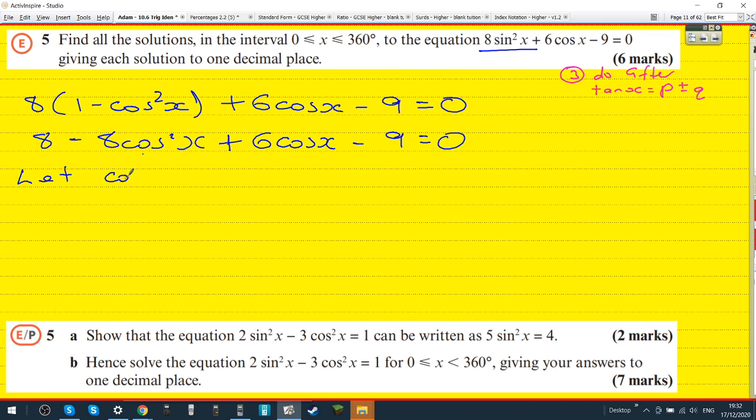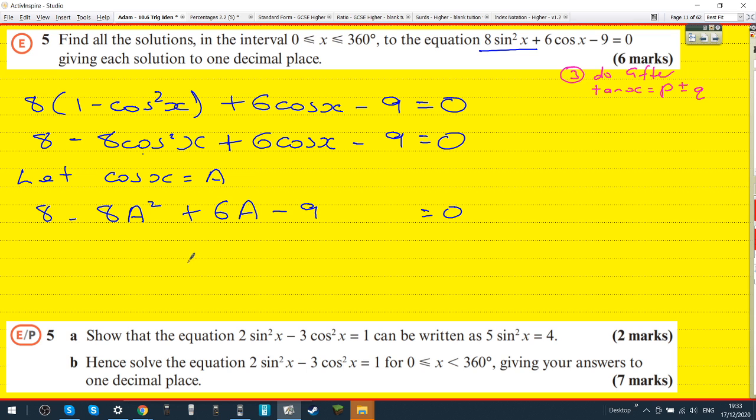So it'd be 8 minus 8a squared plus 6a minus 9 equals 0. Would that work if we put that into the calculator? Needs to be a bit simpler.